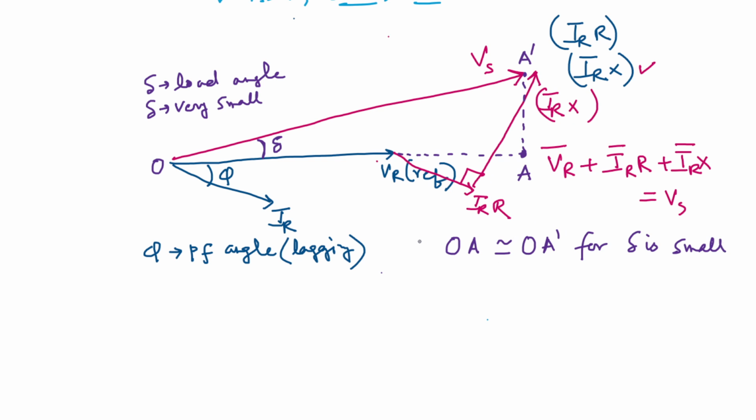Let me say this point is B, so OB is Vr.